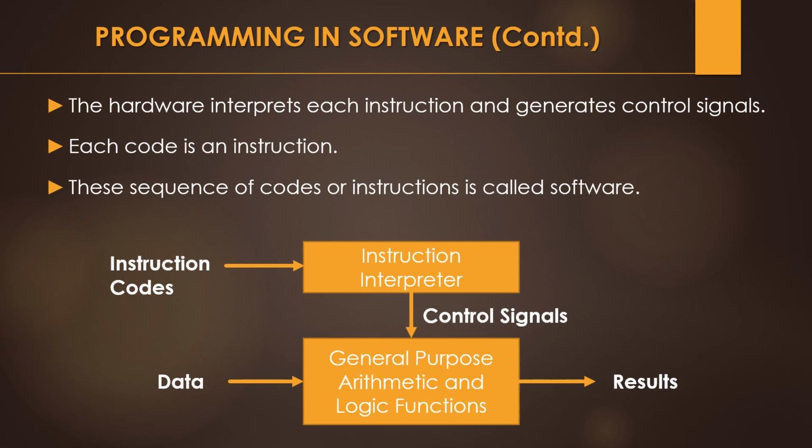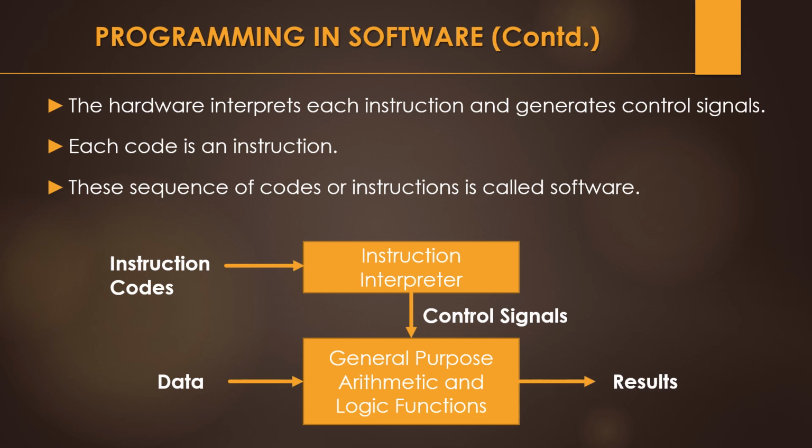Say for example, the first instruction code can be subtraction. Subtraction means the control signal tells the processor that we have to do the subtraction operation, and when the data is given, the data are subtracted and the output is given.